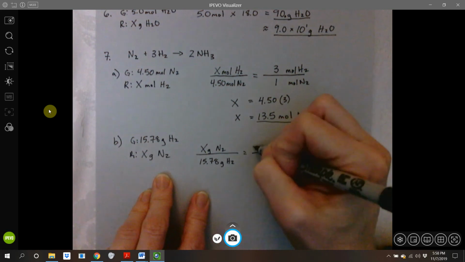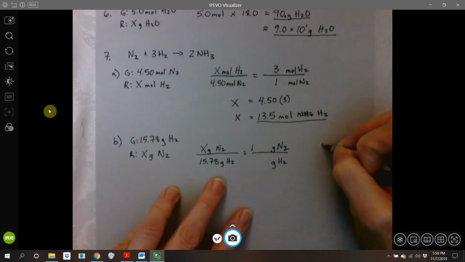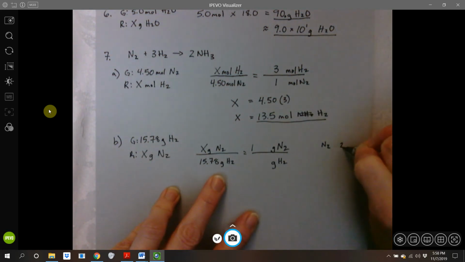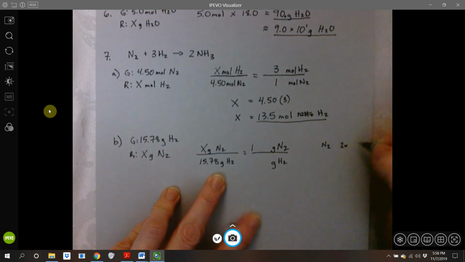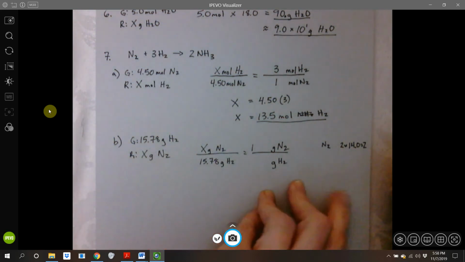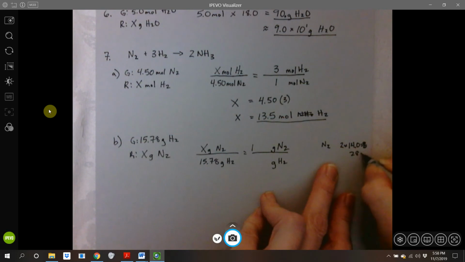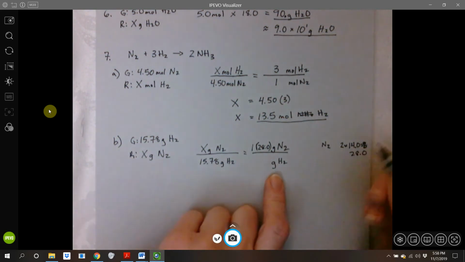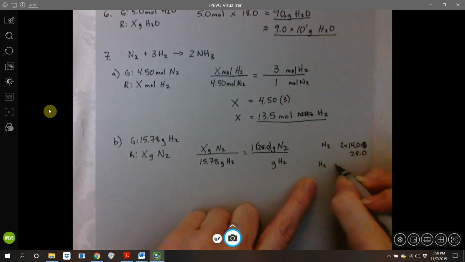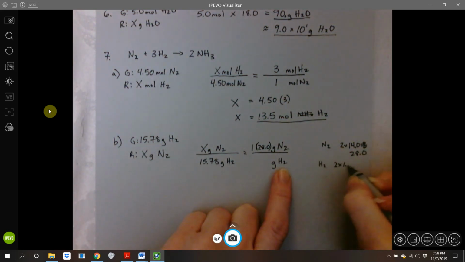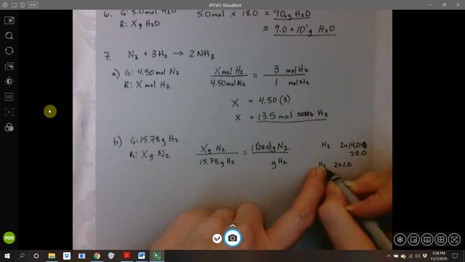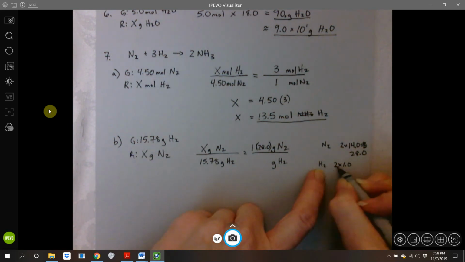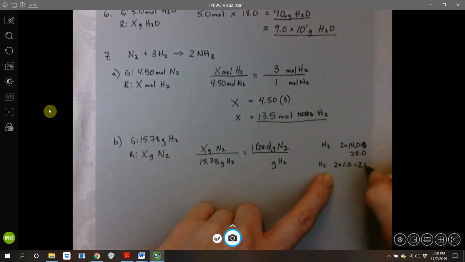So for N2, it'll be 1, and the molar mass of N2 is 2 times, from your periodic table, 14.0, so it's 28.0. So 1 times 28.0 is what we get for N2. For H2, we have 2 times 1.0, so 1.0 is the mass, and we have 2 hydrogens in there, so we'll double it, 2.0.